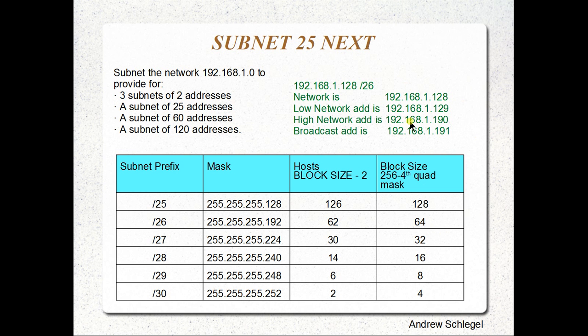So this is your broadcast address. This is your network address. And then the 129 through the 190 is your usable addresses that you'll assign to the PCs in the subnetwork that uses 60 addresses. Okay, great. Hopefully you get that. So let's do one more. So a subnet of 25 addresses is going to require what?